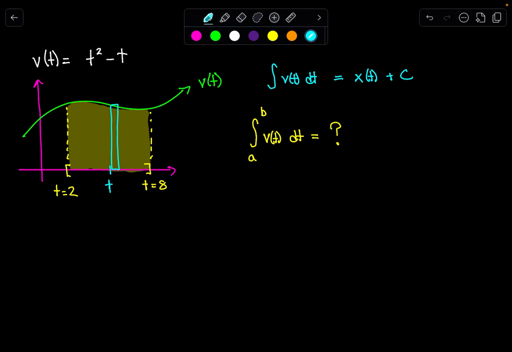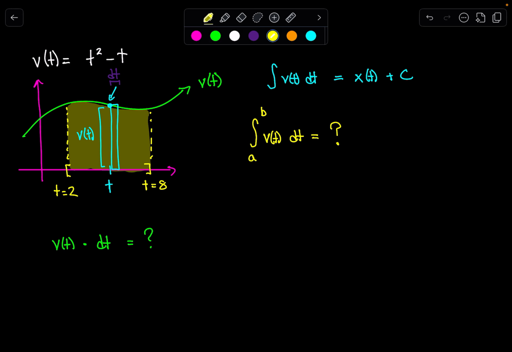Remember that the height of this rectangle is basically our output, some velocity, and the width of this rectangle is some change in time. My question is, what happens if you take your velocity and multiply it by some change in time? What does this give us?